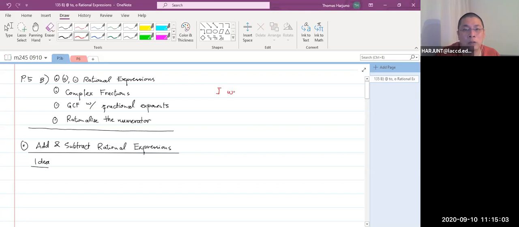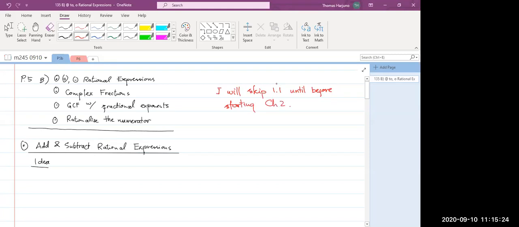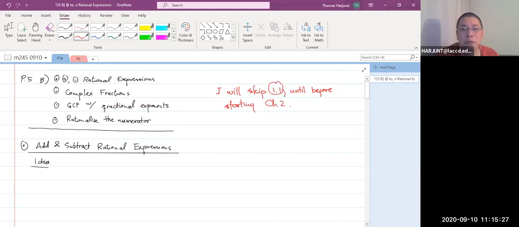I will skip section 1.1 until before starting chapter 2. In my opinion, 1.1 is supposed to be at the beginning of chapter 2. That's my opinion. Okay, well, anyway, we don't do that right now.